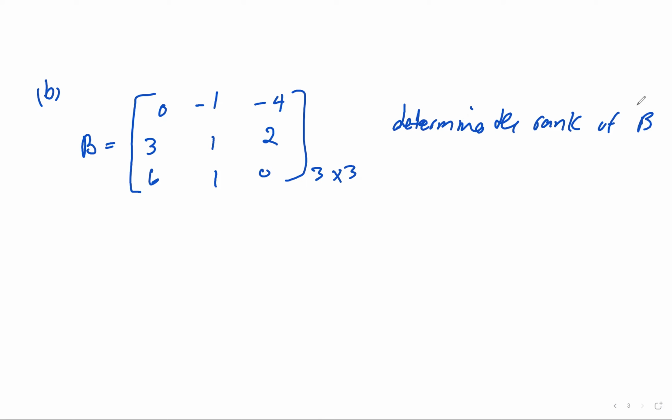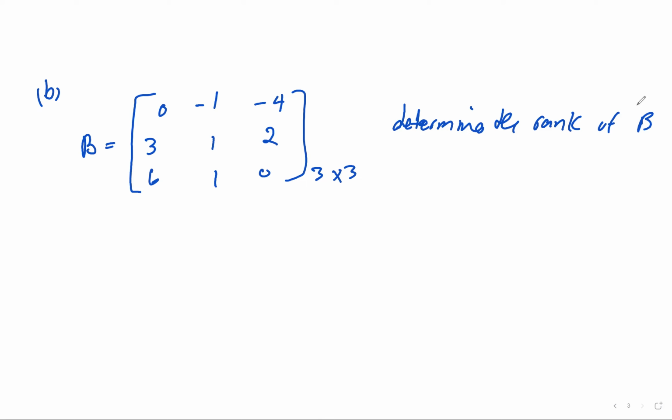Now, you can do it different ways, but the way that is being taught in the class and in this textbook is that we use a row reduction operation to determine the rank of this matrix. And the way we did it, you saw in part A, we're going to follow exactly the same approach.